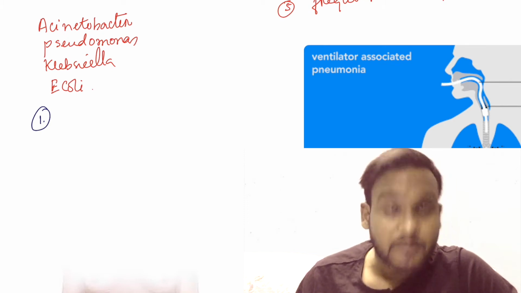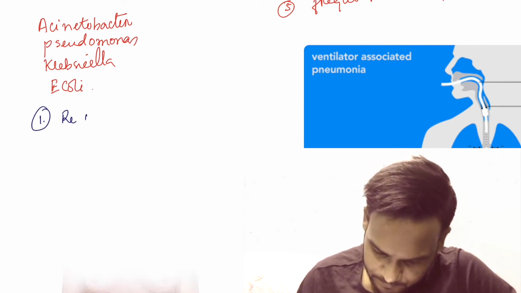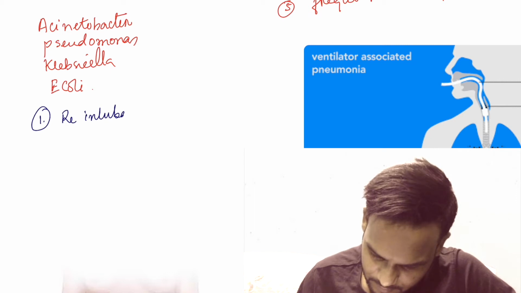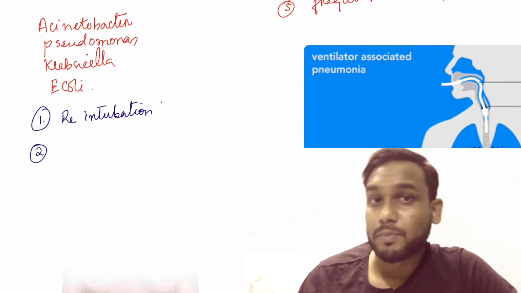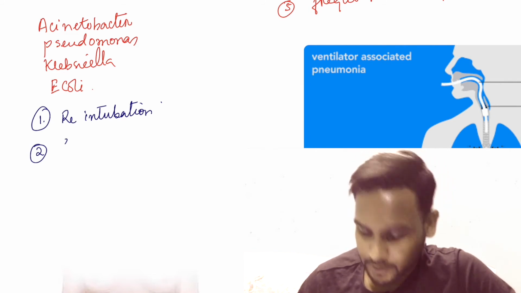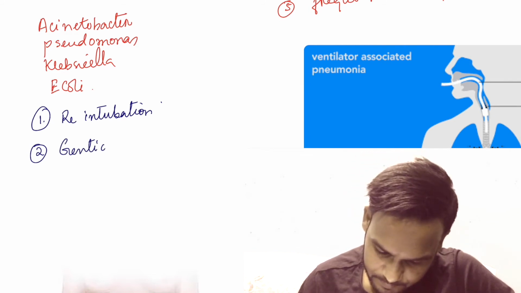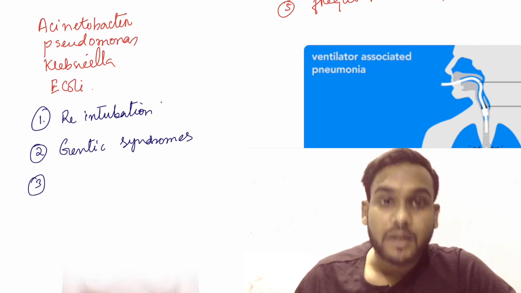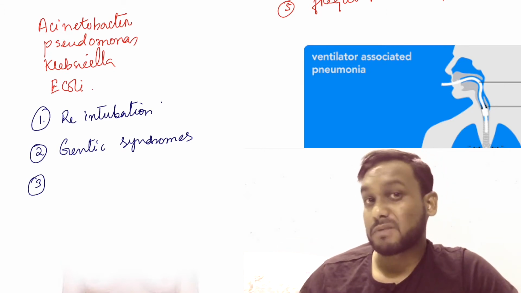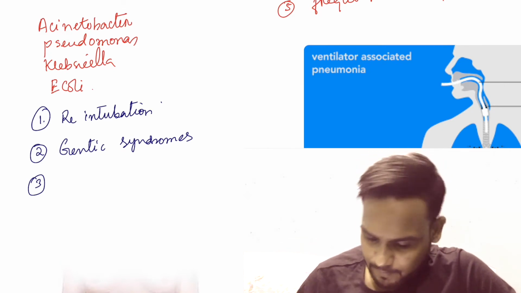One is reintubation. Some genetic syndromes sometimes may predispose to ventilator associated pneumonia. Immunodeficiency and immunosuppression may also lead to it.